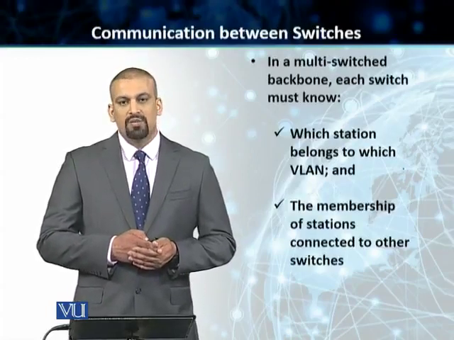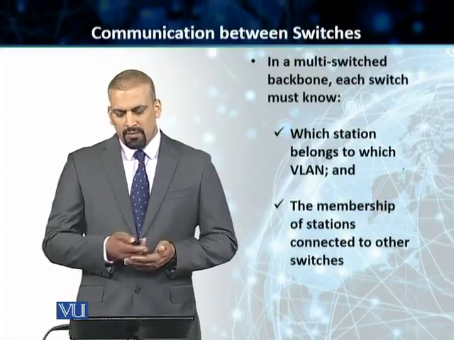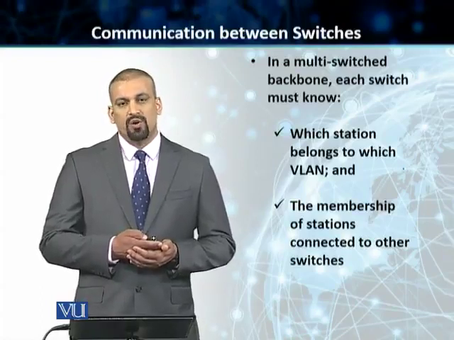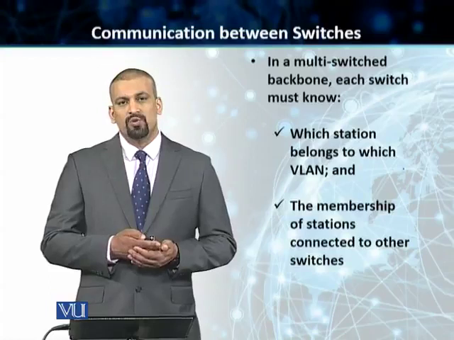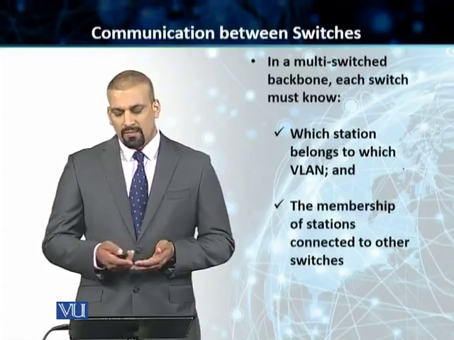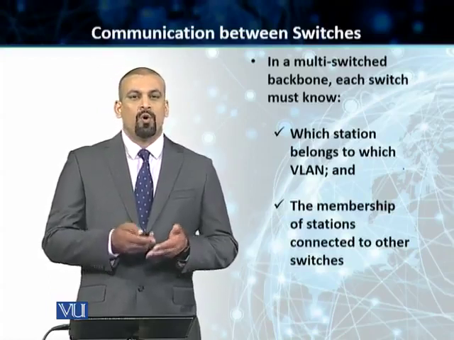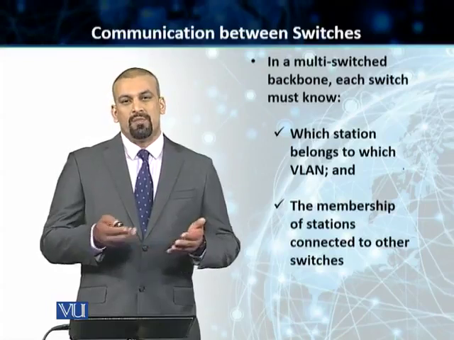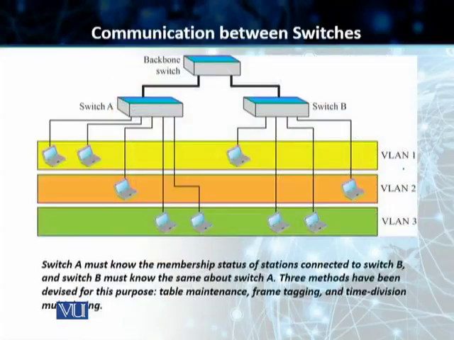Students, communication between switches: in this particular case, in a multi-switch backbone, each switch must know which station belongs to which particular VLAN, and the membership of stations that are connected to all the other switches that make up a VLAN. Students, the slide represents this concept. You've got a backbone switch, in this particular case on the top, that's connecting two different switches, switch A and switch B, and then you've got VLANs 1, 2, and 3.